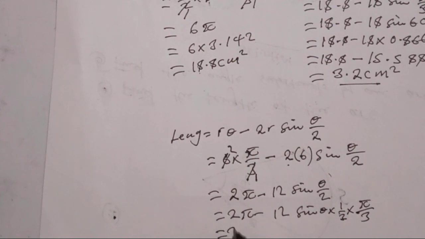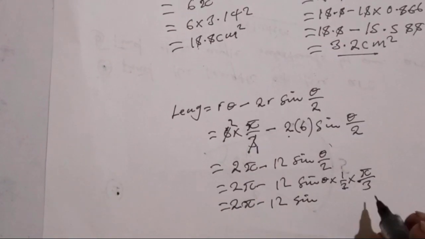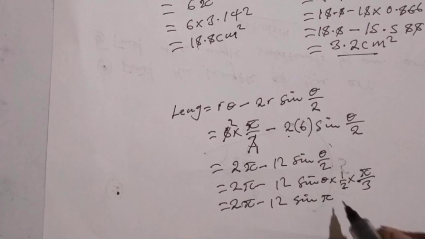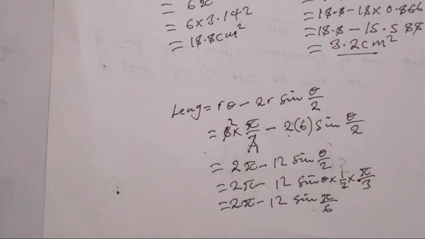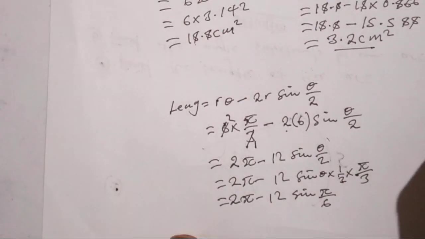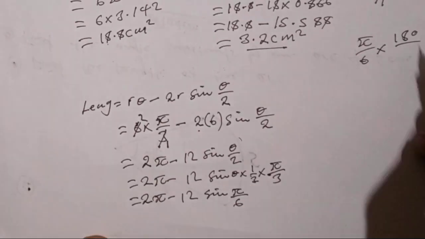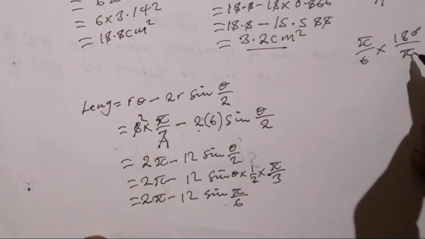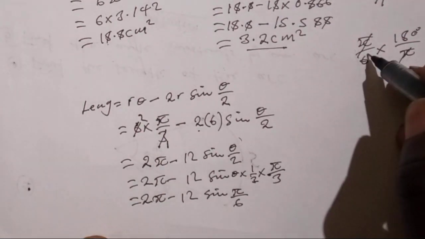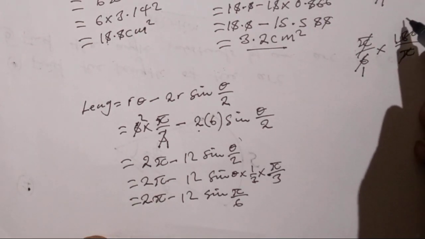So we are going to have 2 pi minus 12 sine pi over 6. And remember, if you take this pi into degrees, it will be pi over 6 multiplied by 180 over pi. So pi goes, then 6 into 6, which is 1, 6 into 180, which is 30.